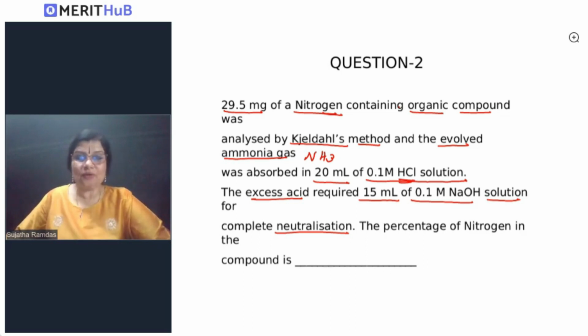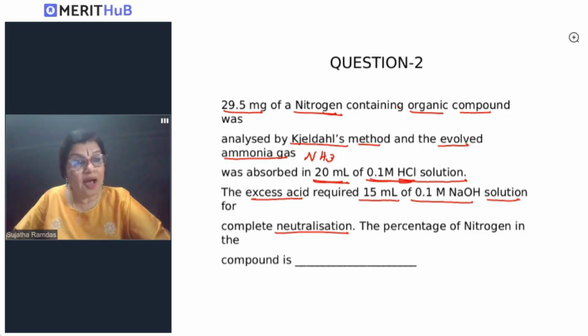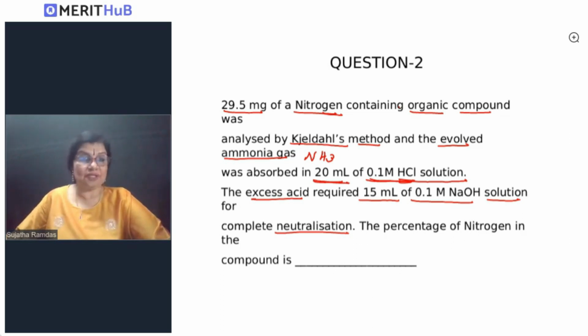You are provided with 20 milliliters of 0.1 molar hydrochloric acid solution. All right. But we know that all of the 20 milliliters is not used to react with the ammonia gas evolved. There is some unreacted or unused hydrochloric acid.